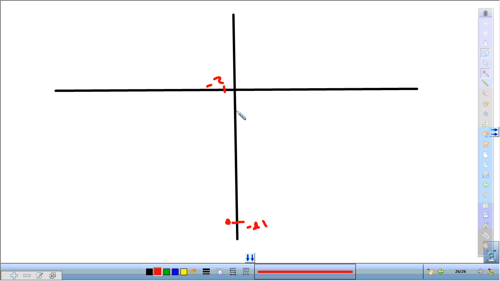The other point, it crossed up here at minus 5 for the intercept. And it comes up very thin.